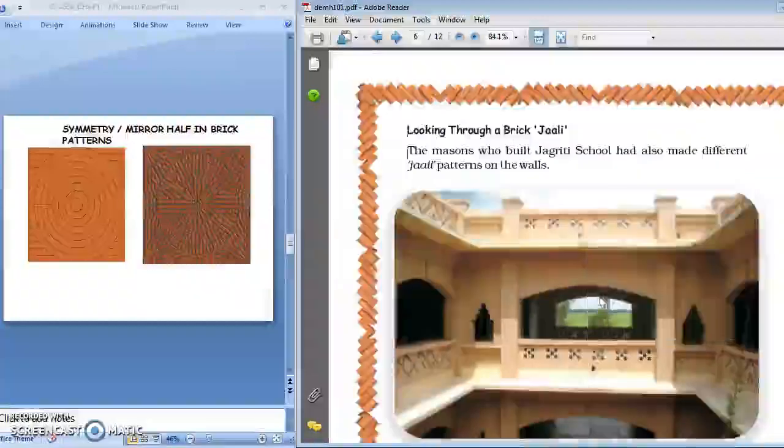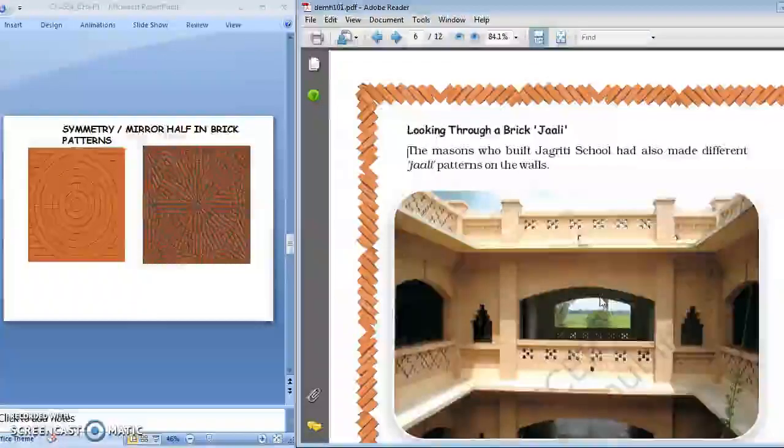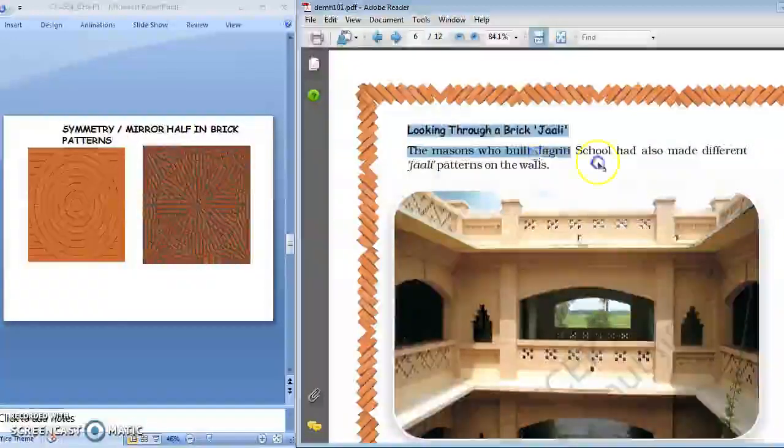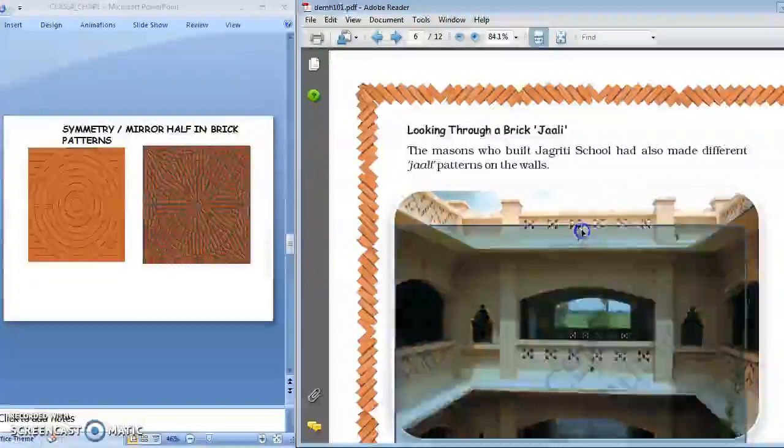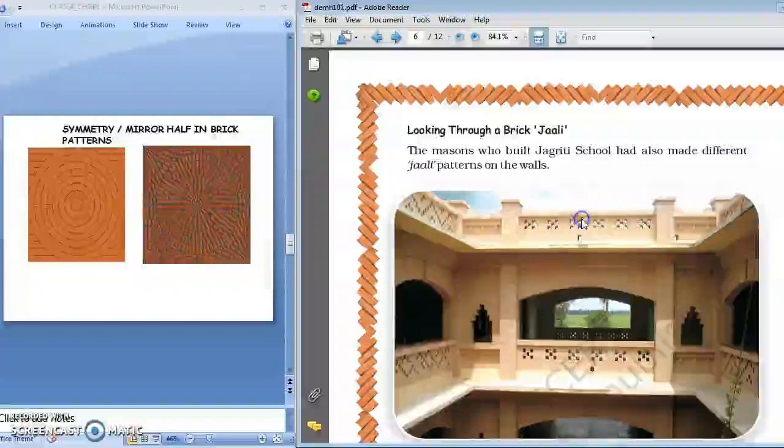Let us move on to page number 6. Jalis. What do you understand by jali? See, these days we have windows made in our house, but earlier in the olden days, people used to make their houses with bricks.